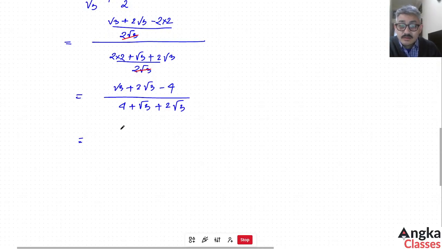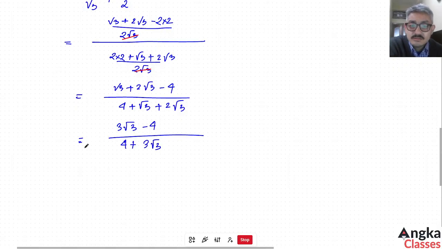Root 3 and 2 root 3 combine to 3 root 3, so we have 3 root 3 minus 4. And in the other, 4 plus 3 root 3.